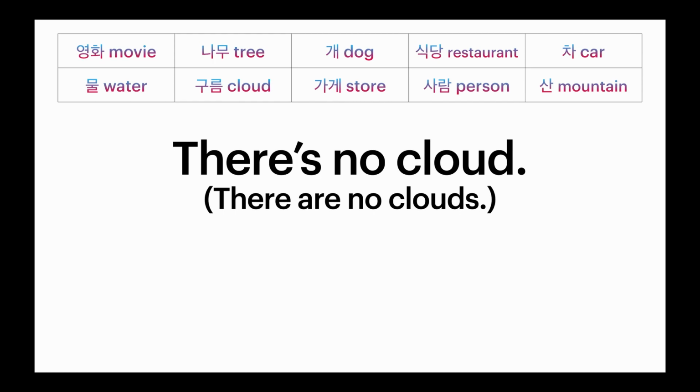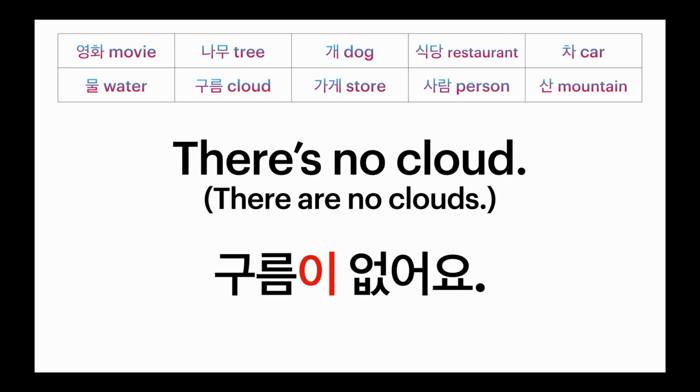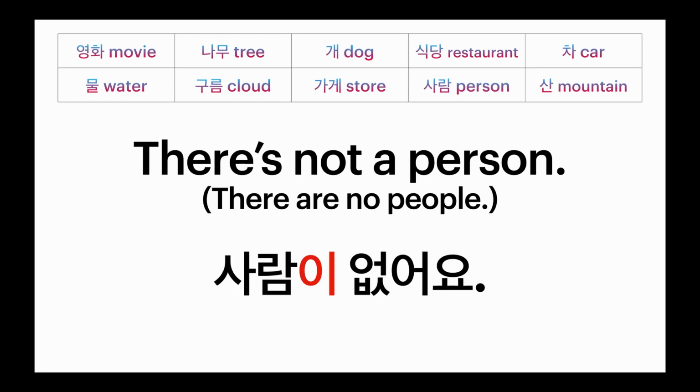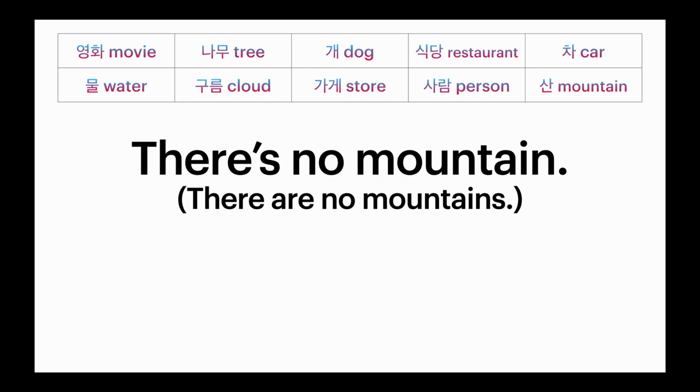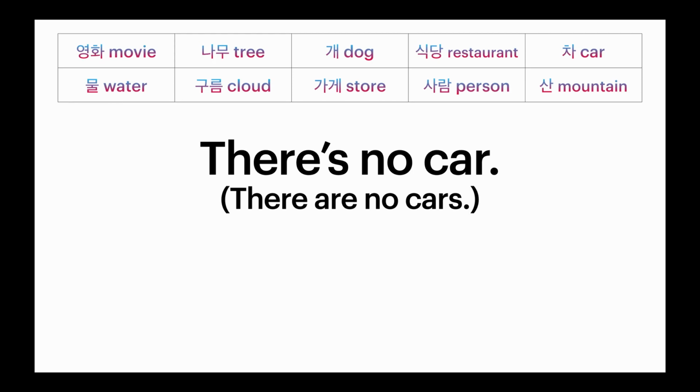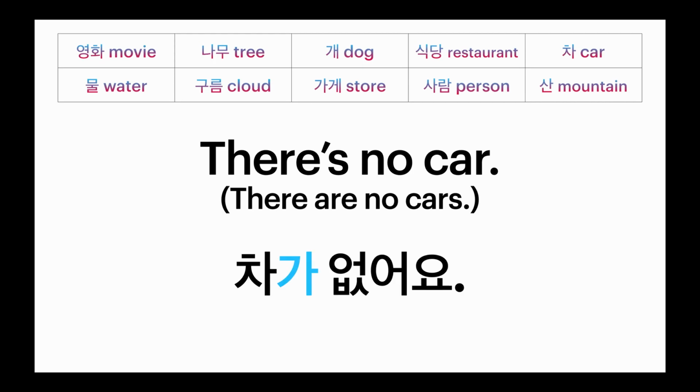There are no clouds. 구름이 없어요. There's not a person. There are no people. 사람이 없어요. There's no mountain. There are no mountains. 산이 없어요. There's no car. There are no cars. 차가 없어요.